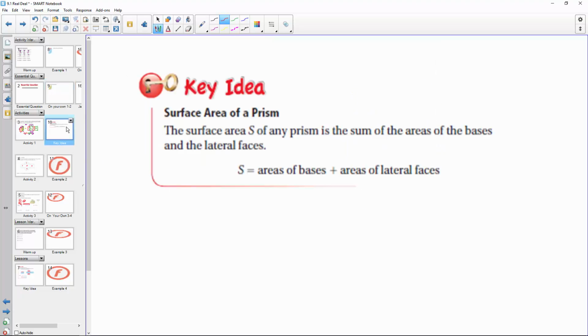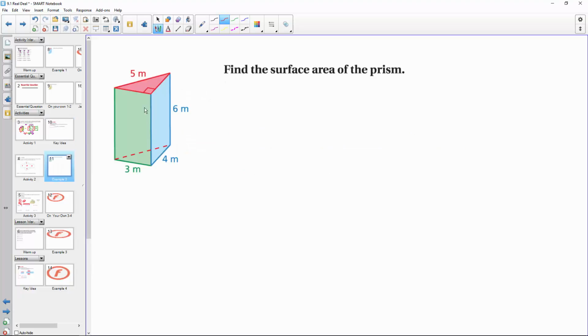So again, what we're trying to figure out is the area of the bases plus the area of the lateral faces. So if I look at this one here, I have the area of my bases, which are the top and the bottom. So this one here would be like a 5 by 3, but then I have to divide by 2. So I'm going to write this down. I'm going to say 5 times 3.